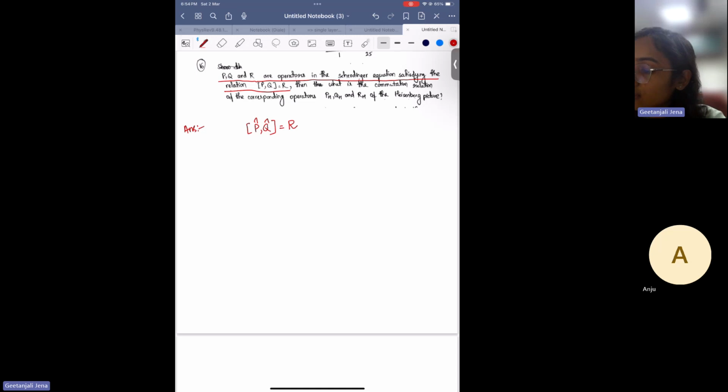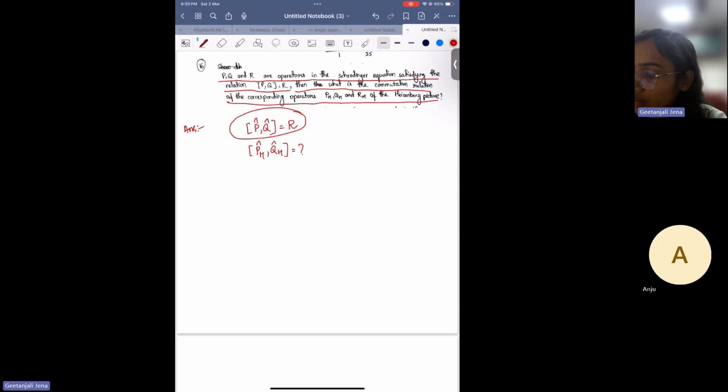Now it is asking what is the commutation relation of the corresponding operators PH, QH, RH of the Heisenberg picture. It is asking what will be the commutation relation of the same operators in the Heisenberg picture. So one thing, the commutation in the Schrodinger picture, is given to you.